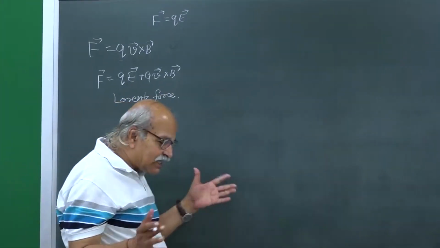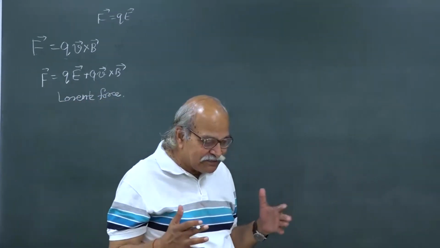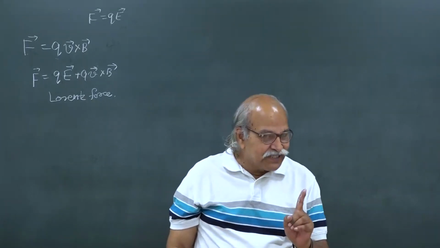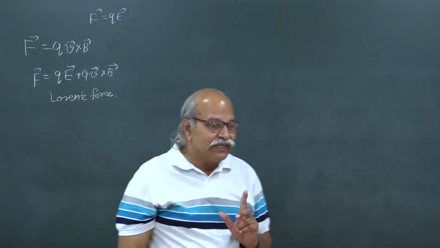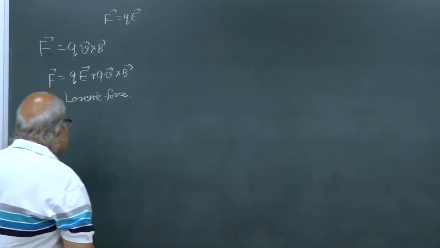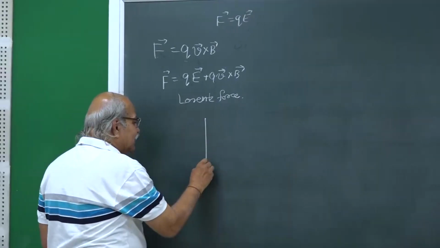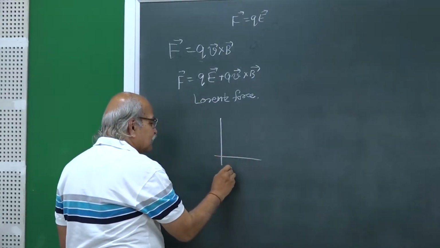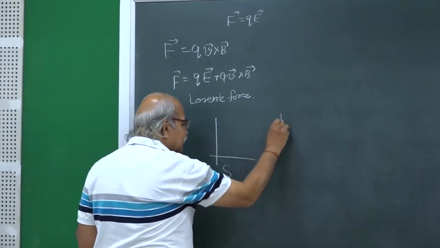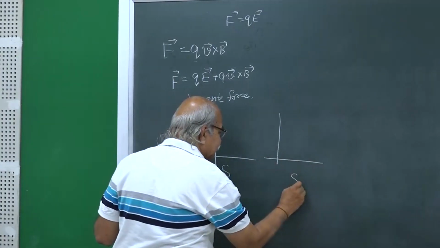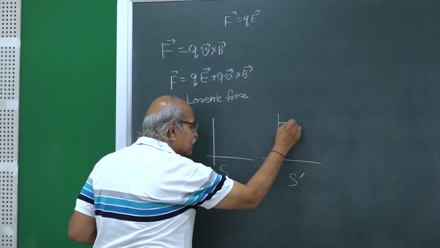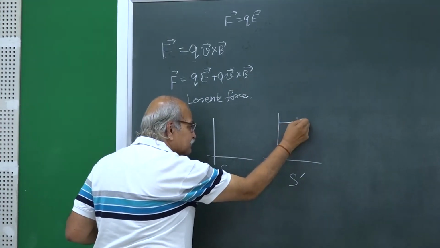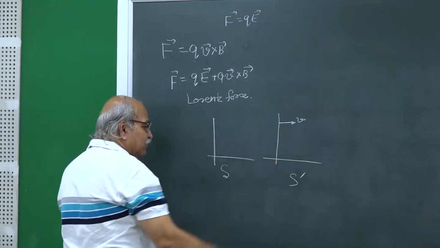Now, let me summarize those special theory of relativity results, and the one which I will be using here is length contraction. Essentially, you have two inertial frames. One inertial frame, call it S, another inertial frame, call it S prime, and from the S frame, this S prime is moving with a velocity V. This entire frame is moving.